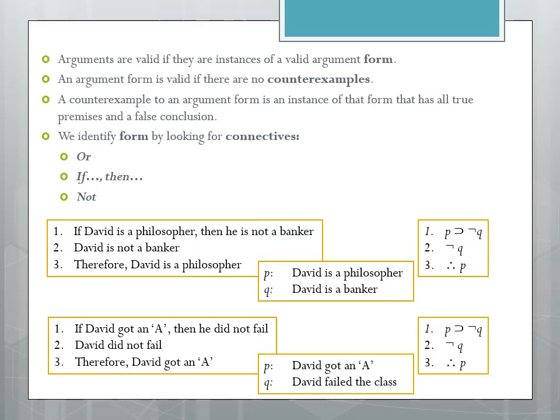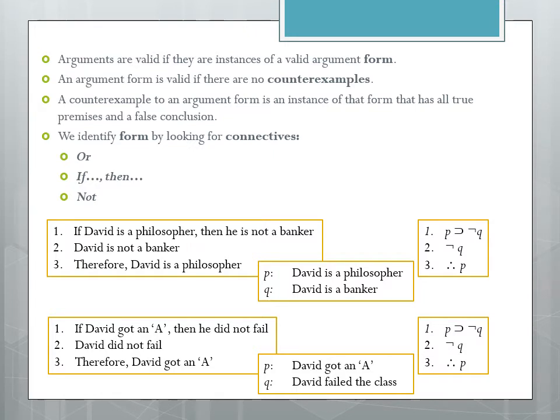Okay, so hopefully now you're satisfied that these two arguments have the same form. The second thing I said I needed to do was convince you that the second argument can have all true premises and a false conclusion.